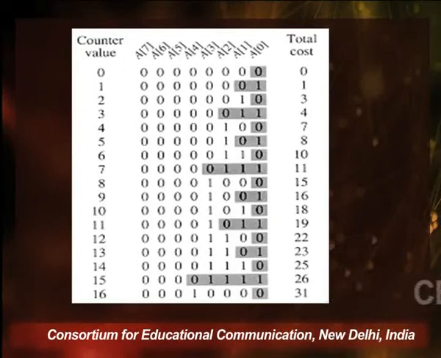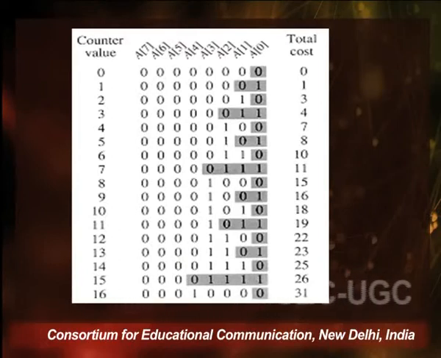Let us recall it completely. Here on the screen you can see a binary counter of 8 bits. Initially the counter value is 0, all the bits are 0, and so is the total cost. When the counter value is 1, I have applied one increment operation, giving 1 in the 0th index cell of the array, and the total cost is 1.